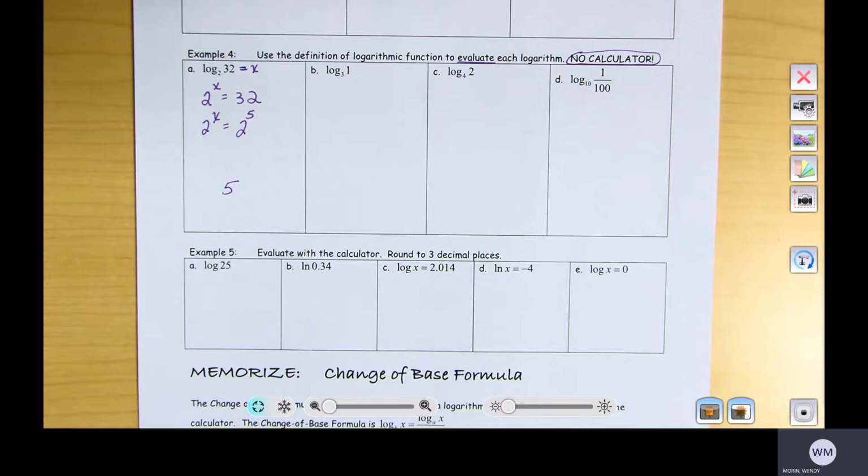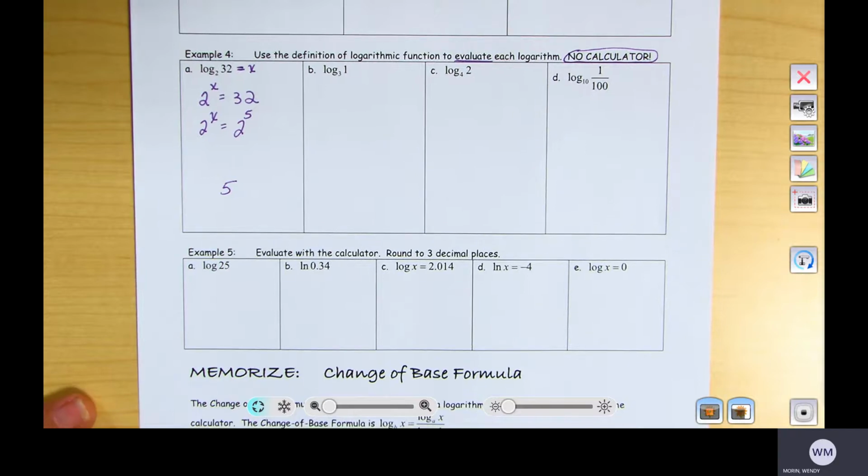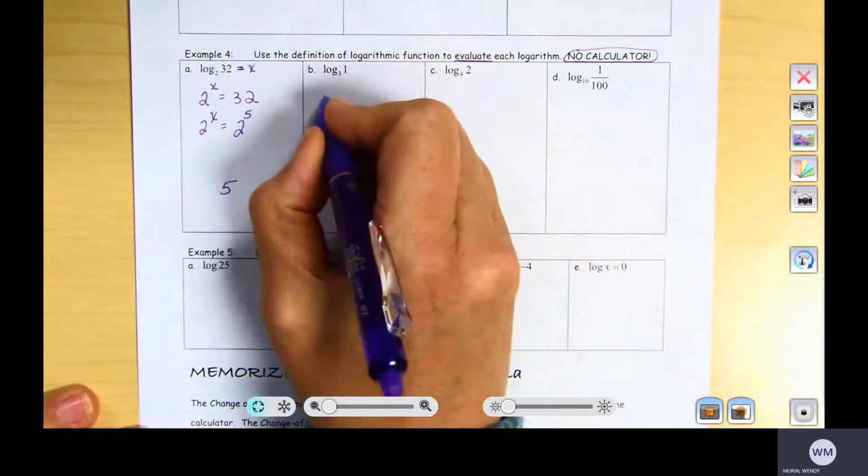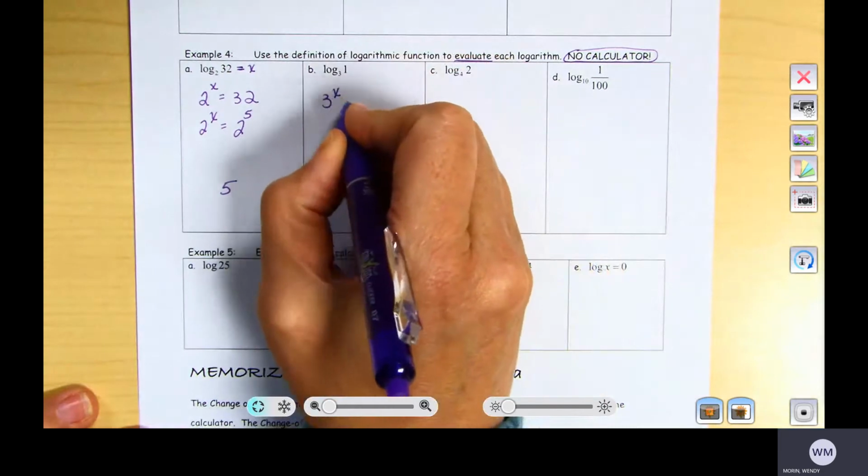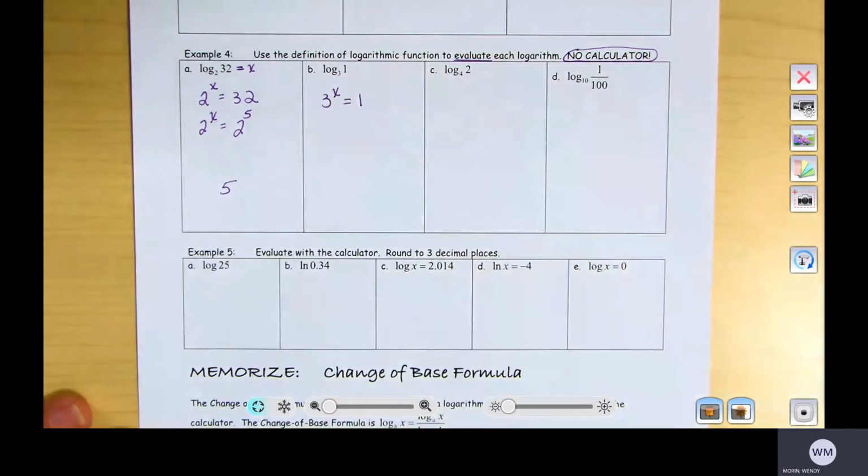Okay, the next one. The log of 1 base 3. Evaluate that. Well, what does that mean? You can think it, you can write it. It means 3 to the what power equals 1. Is that possible?